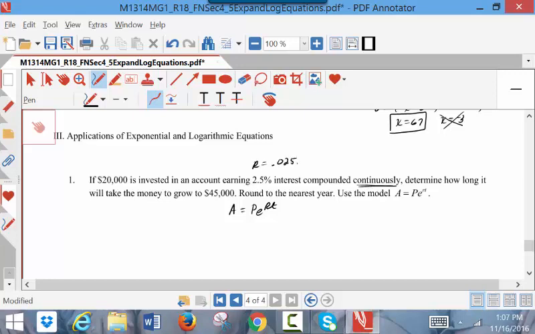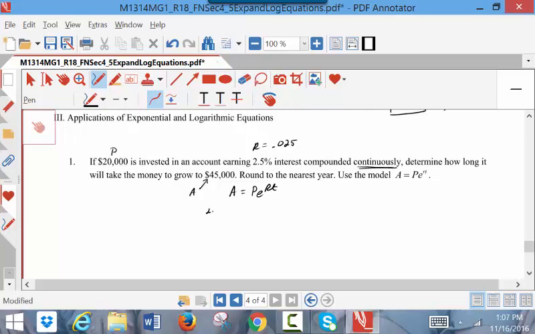You start with $20,000 and it grows into $45,000. So A is 45,000, the start value P is 20,000. So this is going to be 45,000 equals 20,000 e to the 0.025t, and the only thing I don't know is t, time, which is what they're asking me.